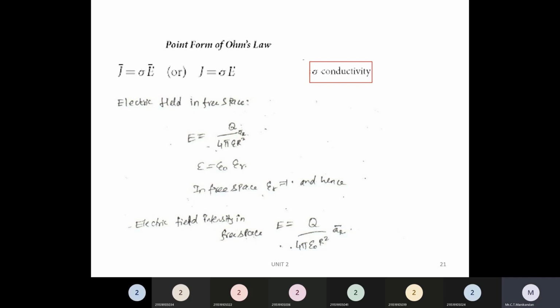We know about epsilon: epsilon is the product of epsilon naught and epsilon R. In free space, epsilon R equal to 1. So hence we have electric field E equal to Q by 4 pi epsilon naught R square into aR vector. Since epsilon R equal to 1, I am straight away substituting epsilon naught.